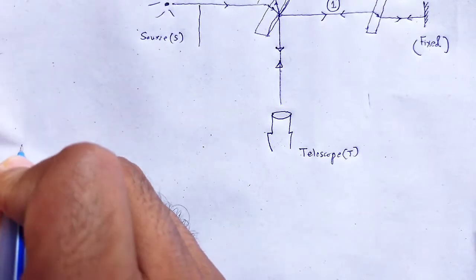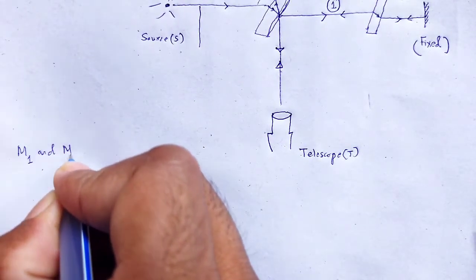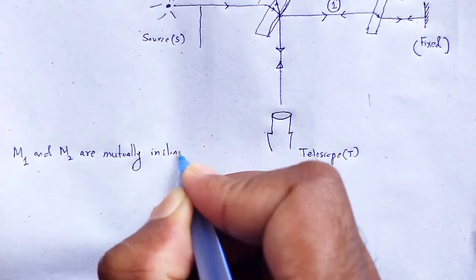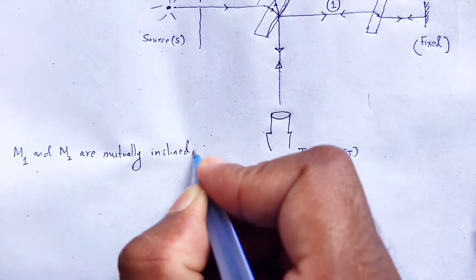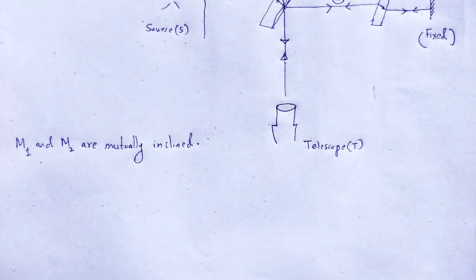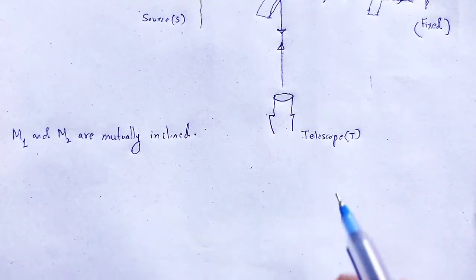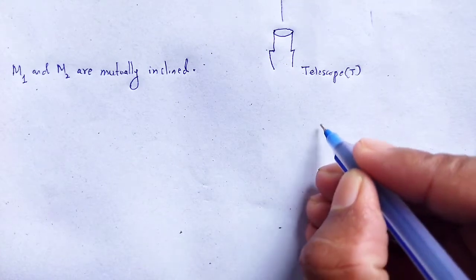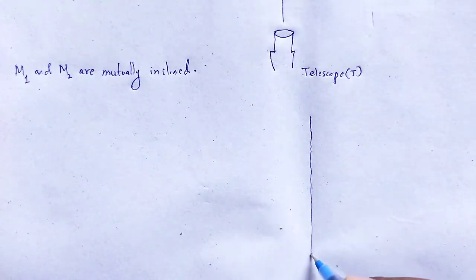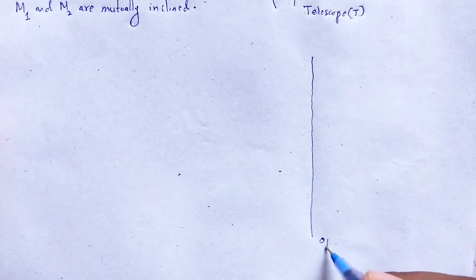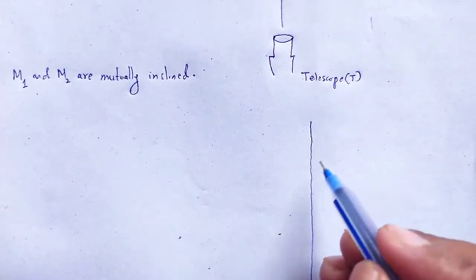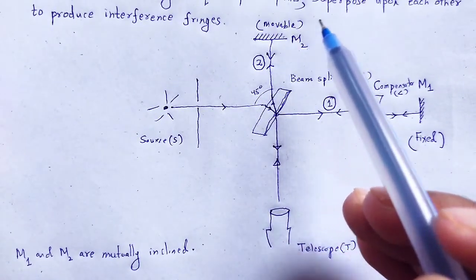Say M1 and M2 are mutually inclined. So we take a figure; let that one be the optic axis. M2 is the movable mirror.